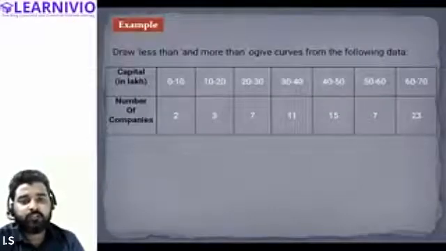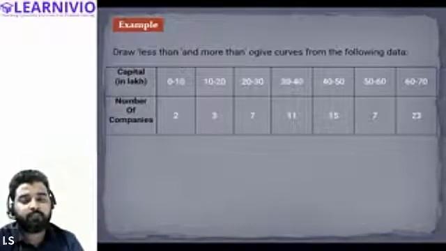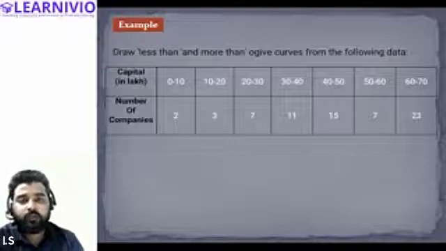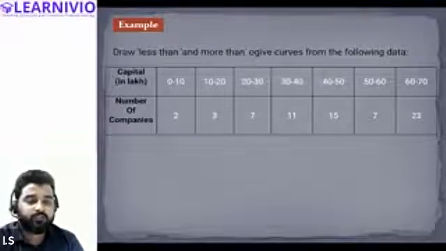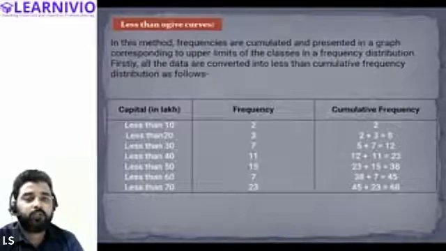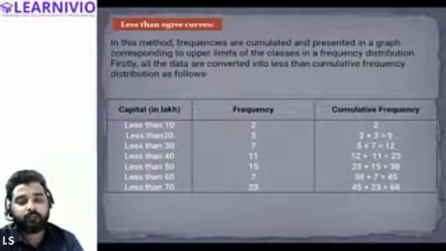So suppose these are the information we are provided with. We have the information regarding the capital and the number of companies falling into a particular category. So first of all, with this information, we have to convert this series, because it is a continuous series with exclusive class intervals, into the cumulative frequency series. So we have first converted the series into the less than Ogive, right?